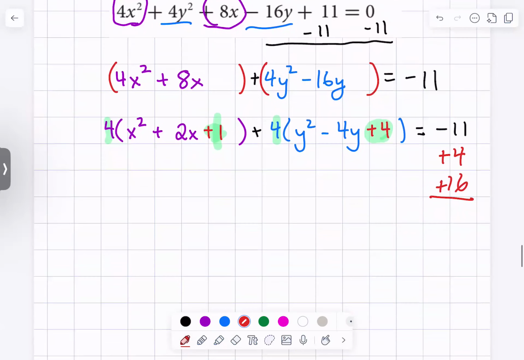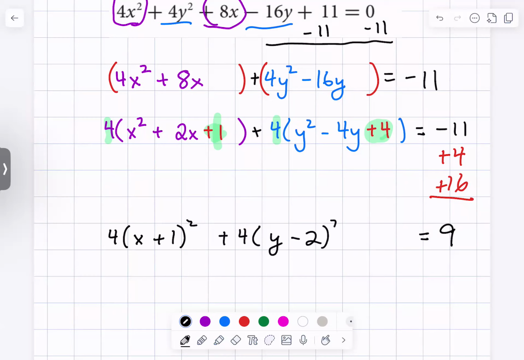So my right-hand side, I'm going to do this quickly. 16 plus 4 is 20, minus 11 is 9. And I'm going to have 4 times x plus 1 quantity squared plus 4 times y minus 2 quantity squared equals 9.